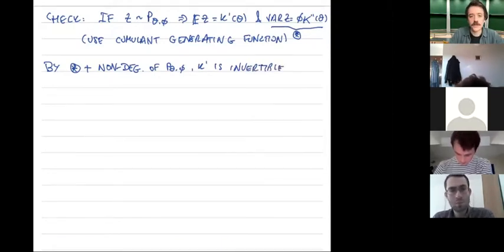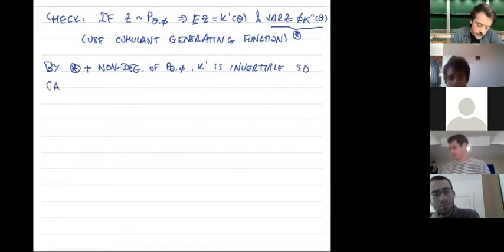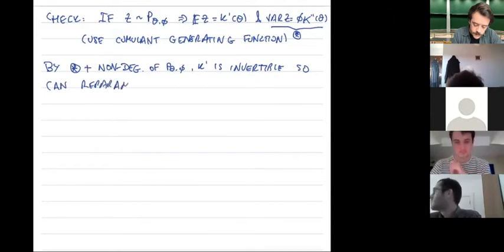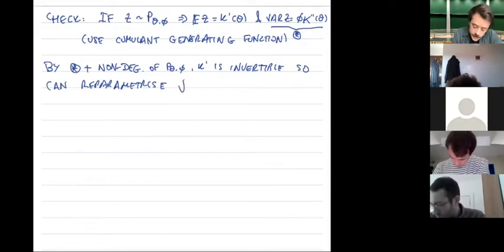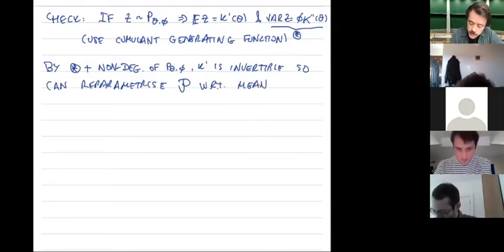So it's invertible. So this means that we can reparameterize this set of distributions with respect to the mean parameter, which is the following.